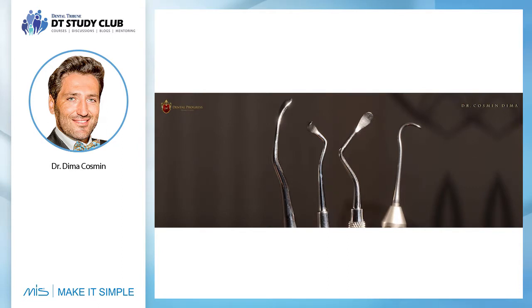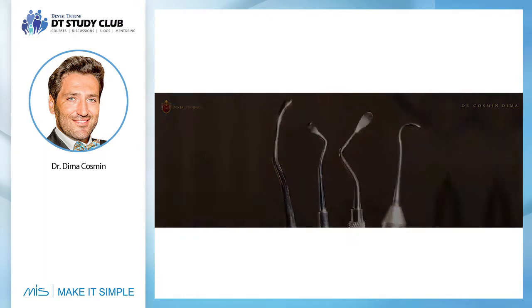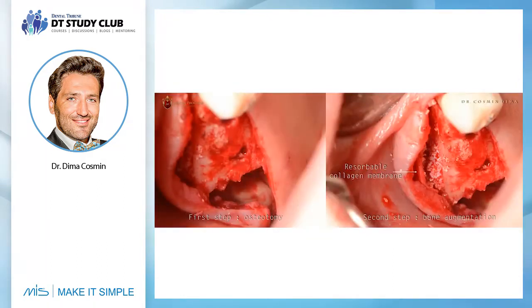So keep this in mind before starting. Just make sure you have everything for making the detaching possible. And then, of course, at the first step, we have to make the osteotomy. And after the osteotomy, we insert the resorbable collagen membrane inside the sinus.